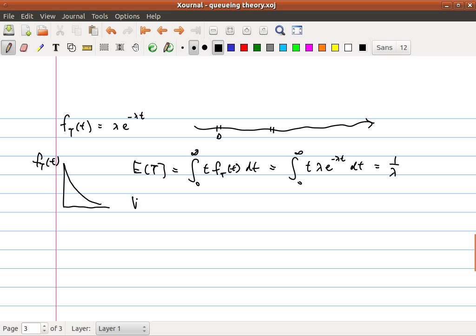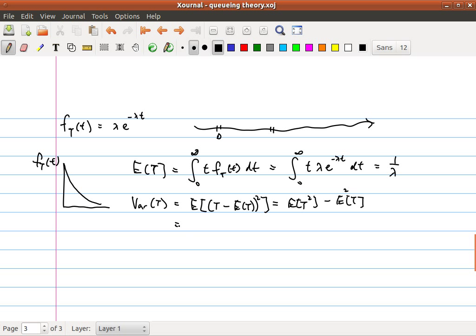And we can find the variance of the interarrival time, that will be equal to the expectation of (t minus expectation of t) squared, and that's actually equal to expectation of t squared minus (expectation of t) squared.